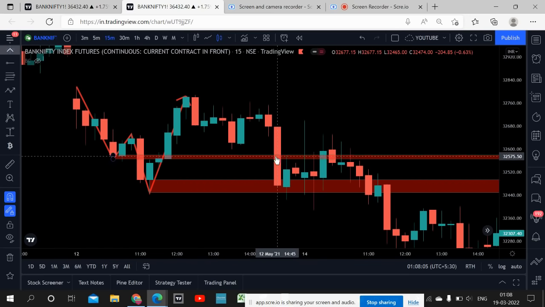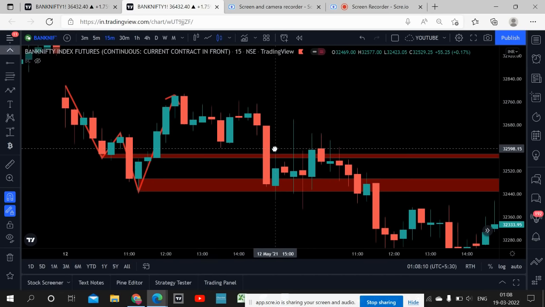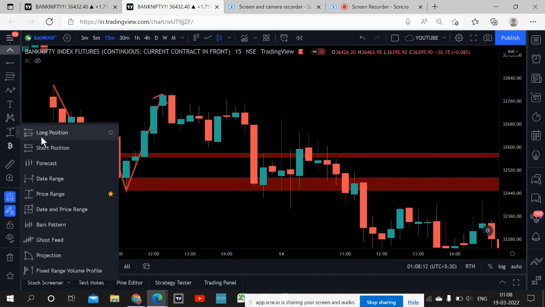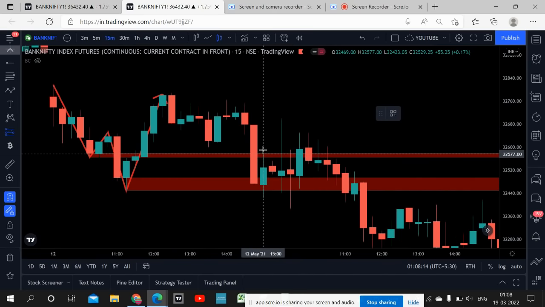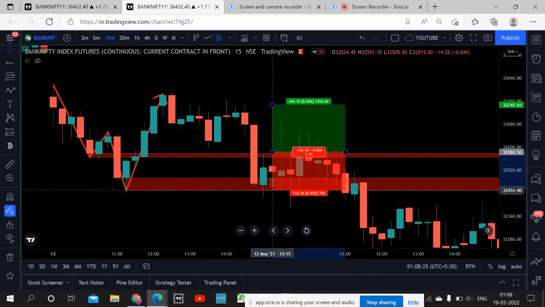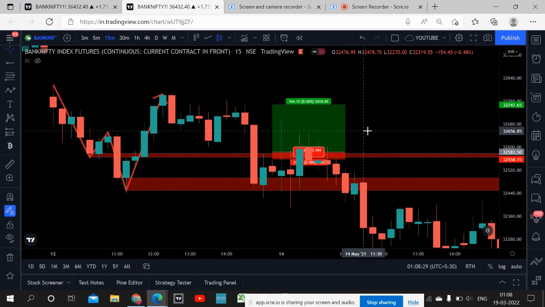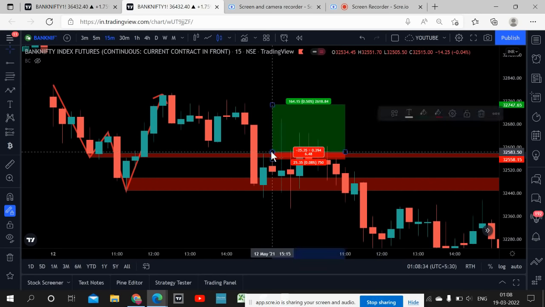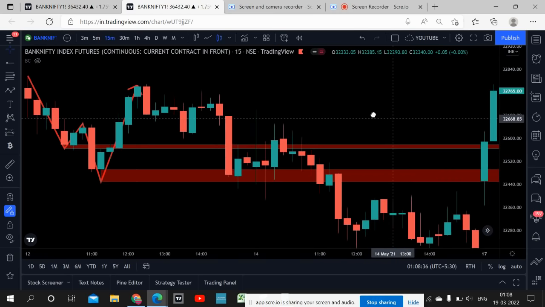Even if you initiate a trade here, the stop loss is very minor, only 25 points. You might have hit that 25-point stop loss. But see what has happened in the next range.